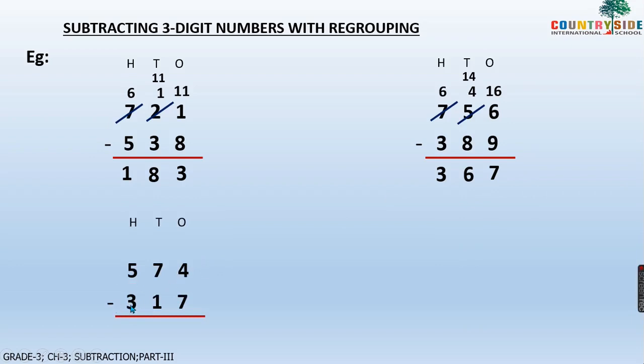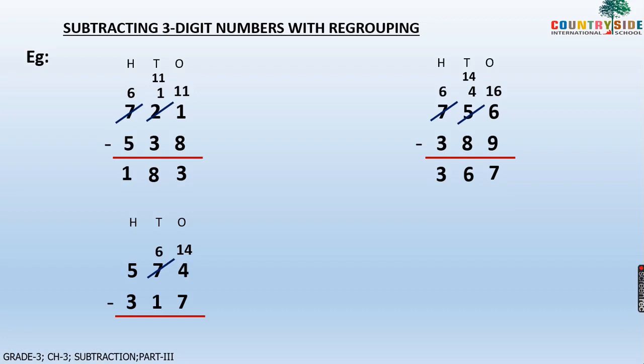Now next, 574 minus 317. So how will you subtract this number, children? From 4 we cannot subtract 7. So we will borrow one number from this 7, so it will become 6, and this 4 will become 14.